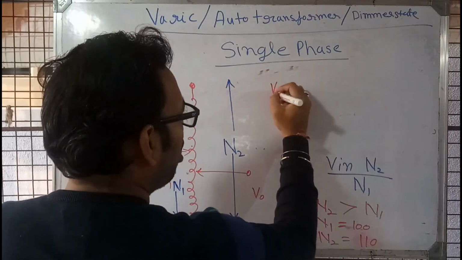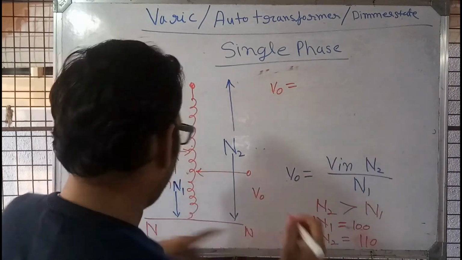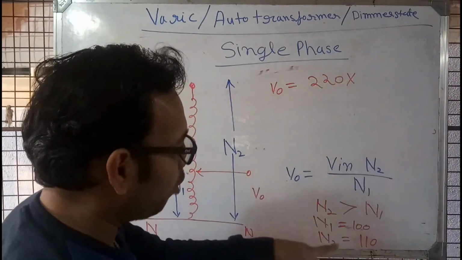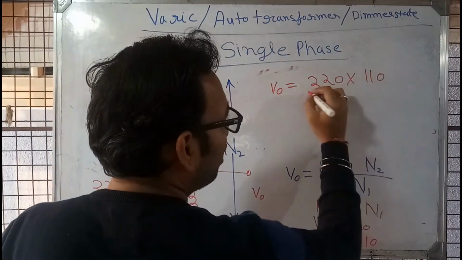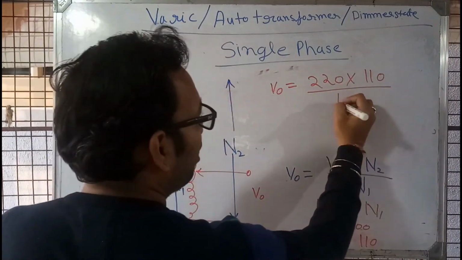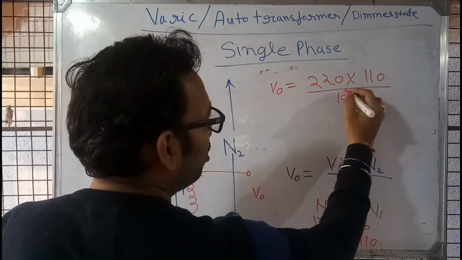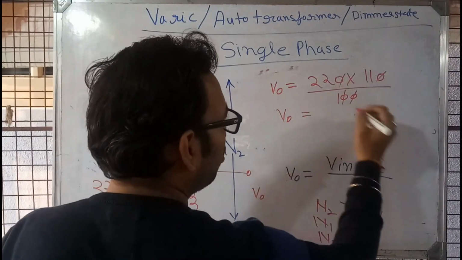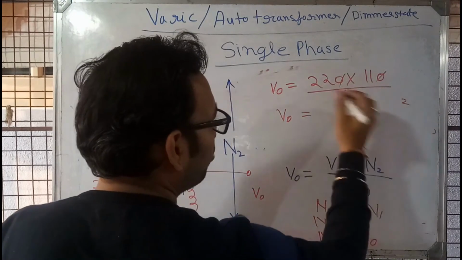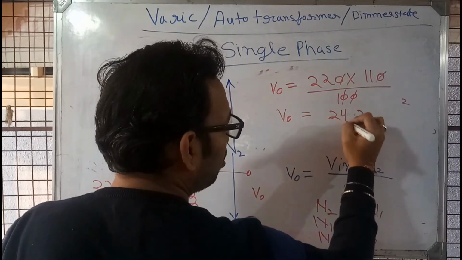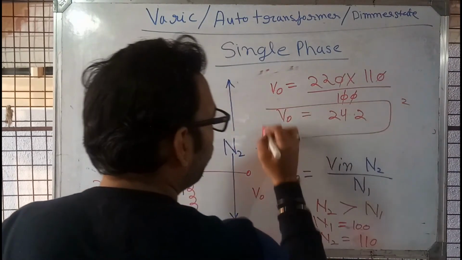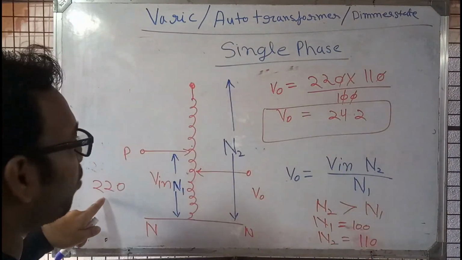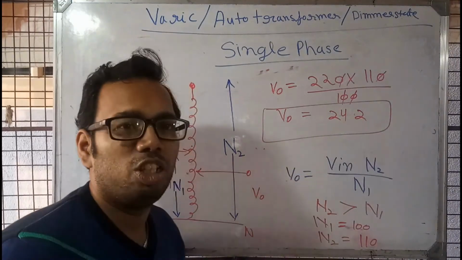V naught is equal to V in, 220, multiplied by N2, 110, divided by N1, 100. So this will cancel out. Now we'll calculate. So V naught is equal to 242 volt. I am giving 220 volt, but I am getting an output voltage of 242.